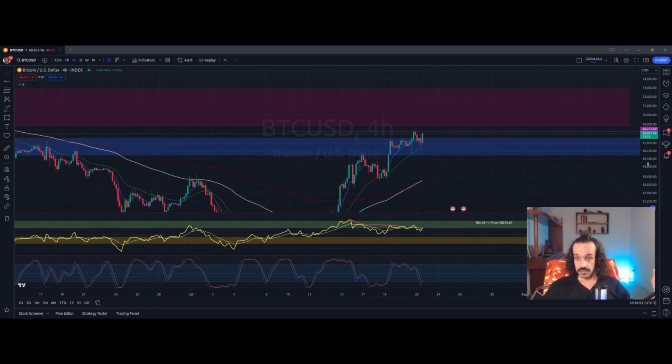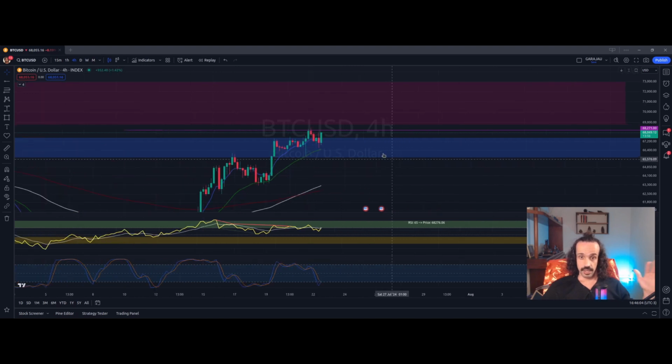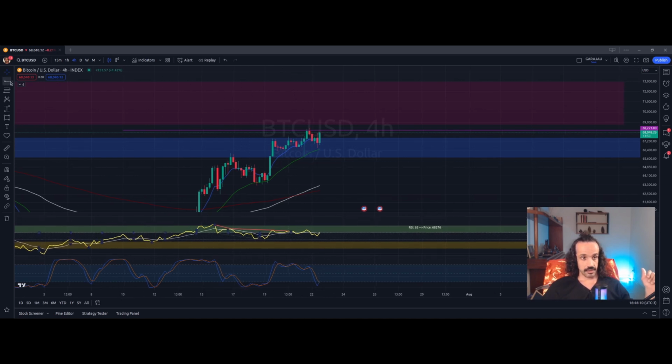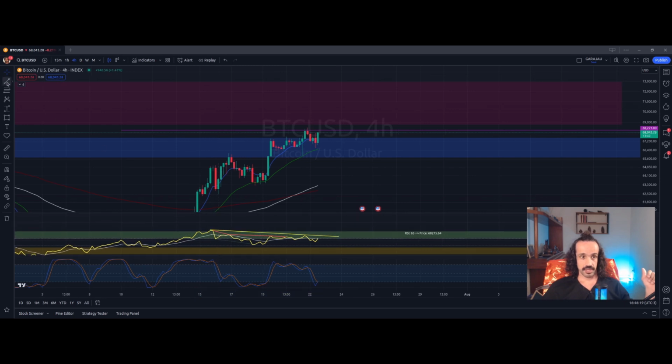So yes, we have somewhat of a bullish possibility if we invalidate this bearish divergence that we saw on the 1 hourly, which is also translated on the 4 hourly.